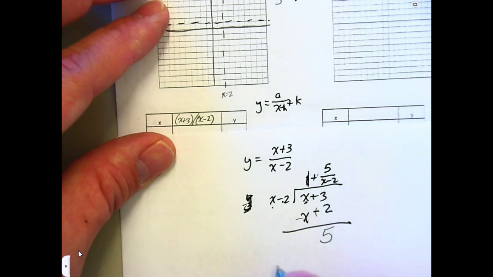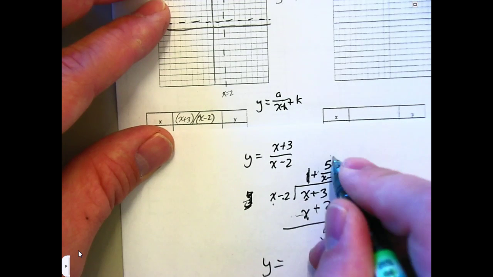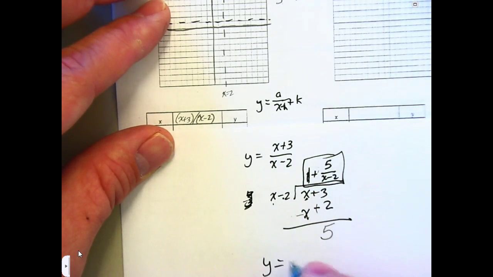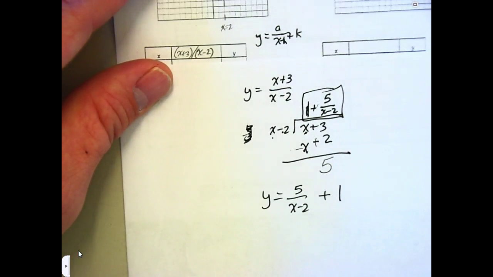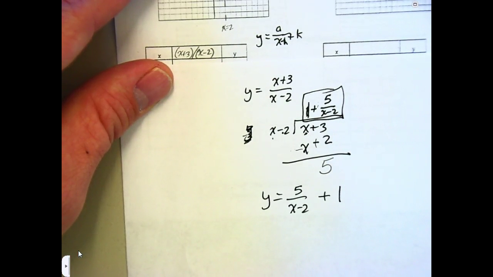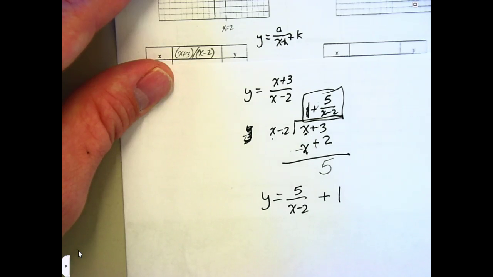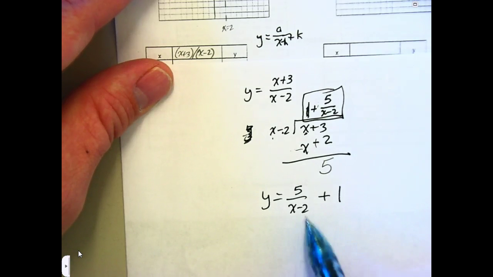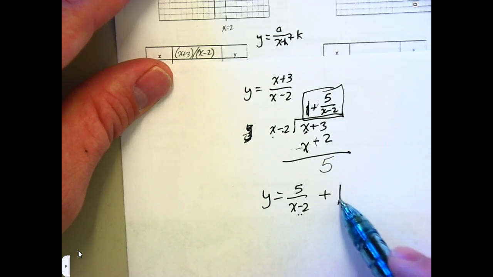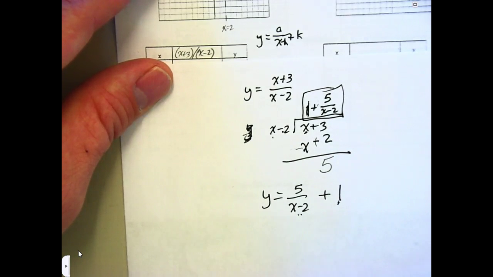Okay, let's rearrange it. It's y equals. How many of you can see the h value? Right here, right? K value, the thing where we saw the asymptote, it's 1. You could have done that to begin with.